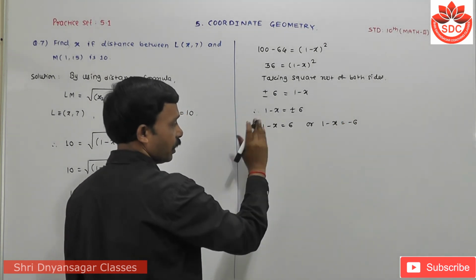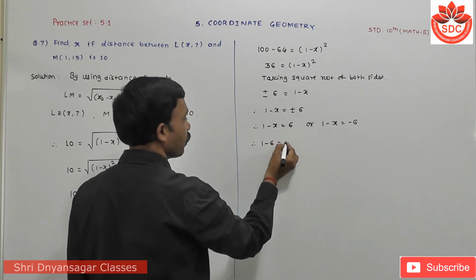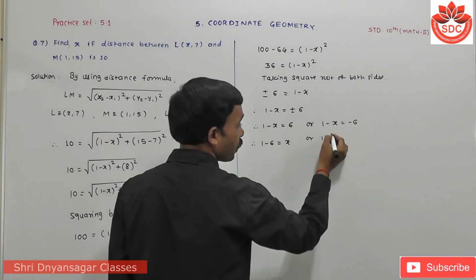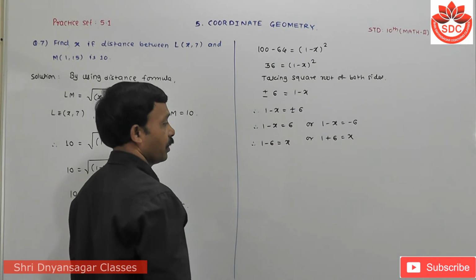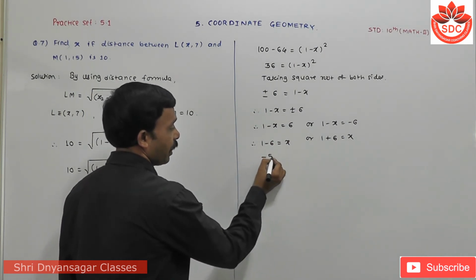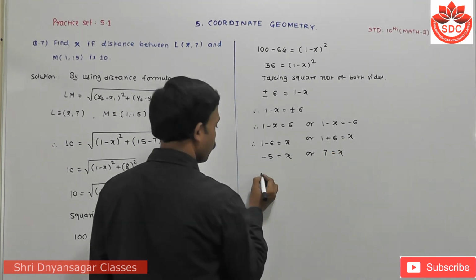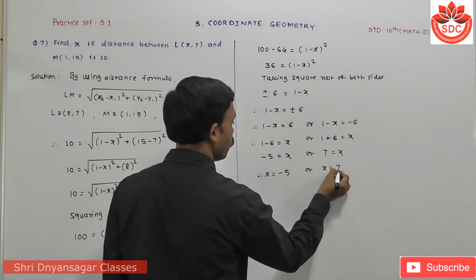Student, I have transferred this 6 to this side and minus x to this side. We get 1 minus 6 is equal to plus x, or here also 1 plus 6 is equal to minus x, transposed and converted as plus x. Then the subtraction is minus 5 is equal to x, or here 7 is equal to x. Therefore x is equal to minus 5 or x is equal to 7.